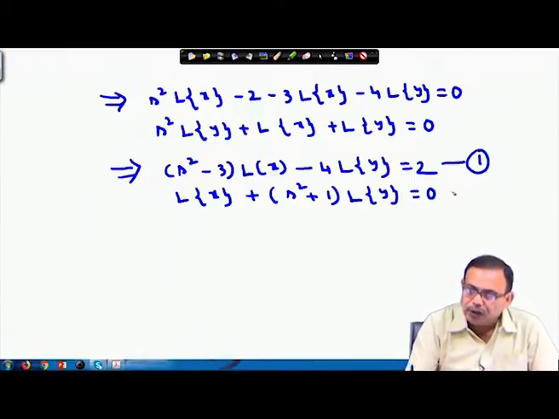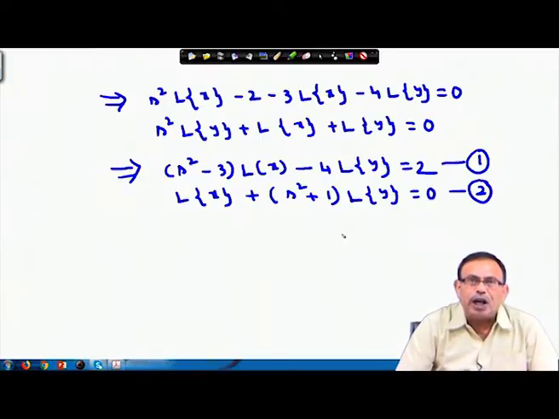So, I can tell this is equation 1, this is equation 2, and which has two variables, one is Laplace transform of x, another one is Laplace transform of y. So, by solving these two simultaneous algebraic equations, very easily I can find out what is the Laplace transform of x and what is the Laplace transform of y.